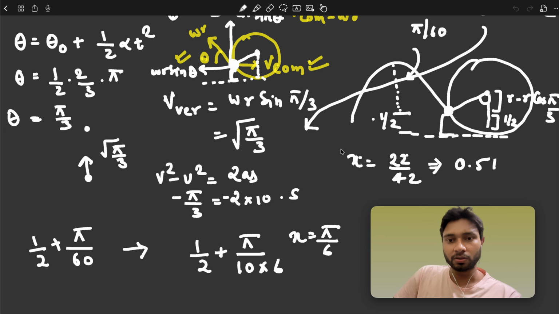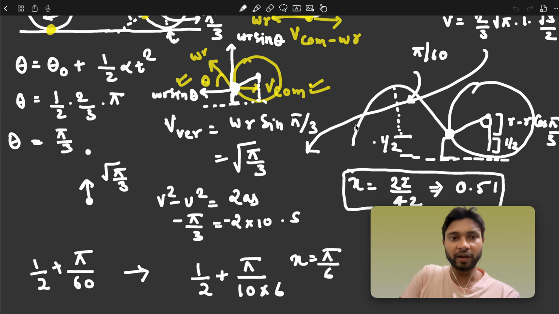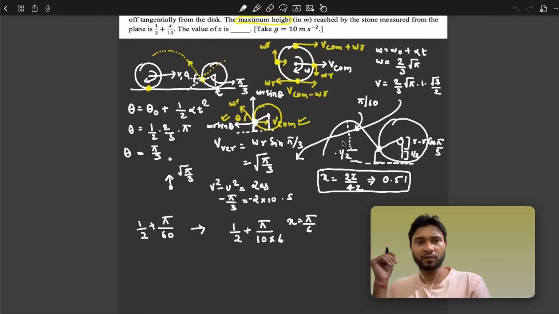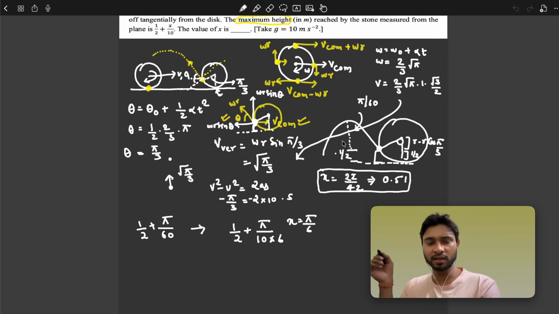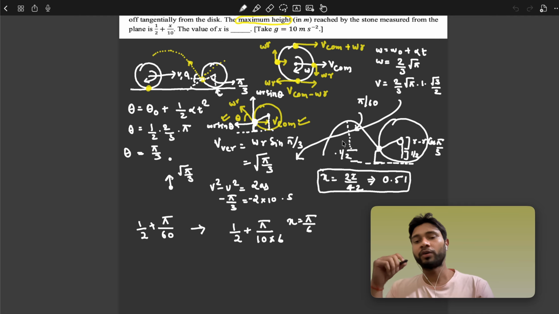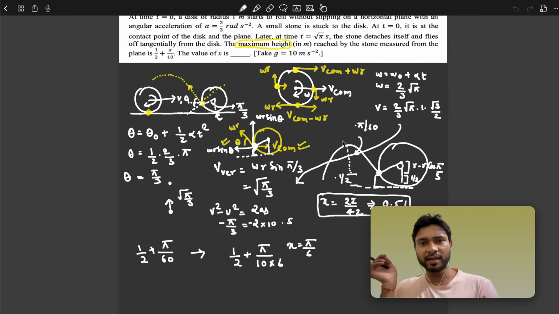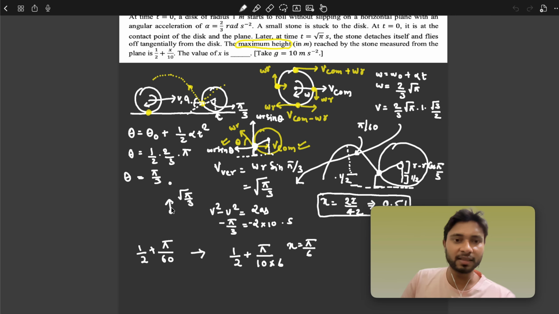Okay, so I hope you guys understood the way we have solved this. There were two kinds of things which we had to take care of. One was the projectile motion, and one was that we had to figure out the net velocity. Since this question was from the rotation side, really we don't have to take care of anything. As you have seen in the solution, I never went for the linear acceleration or linear velocity.